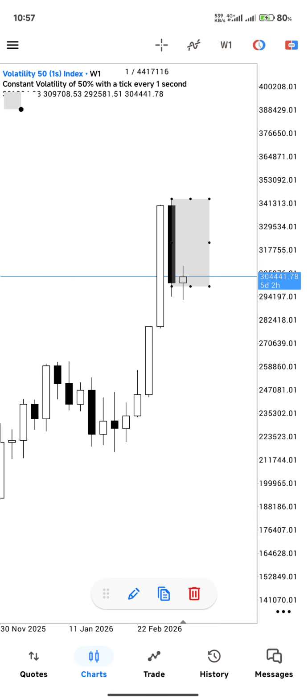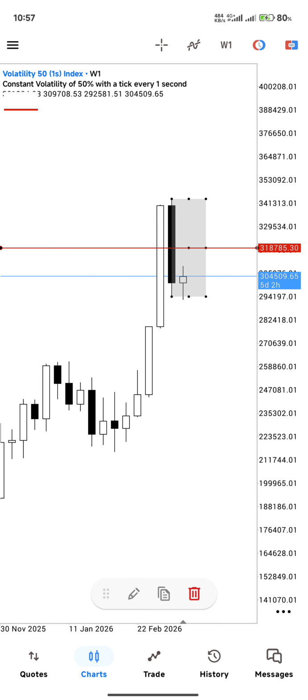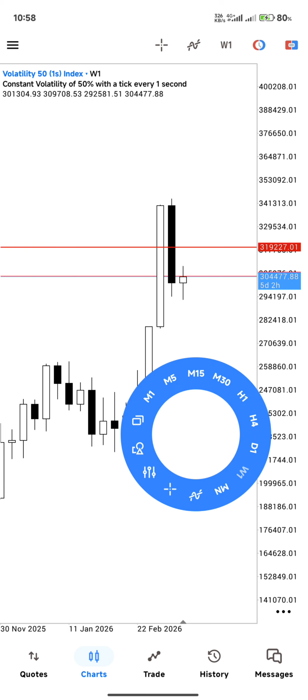So 50% will be just around here, as you can see on the chart. Let me indicate it. This is 50% here. So price should get to that red line, 50% of the previous week's candle.